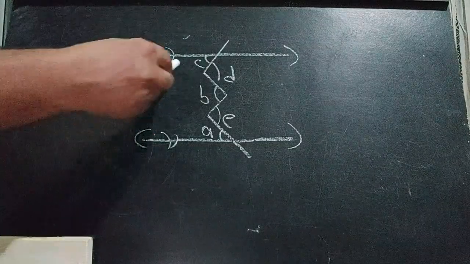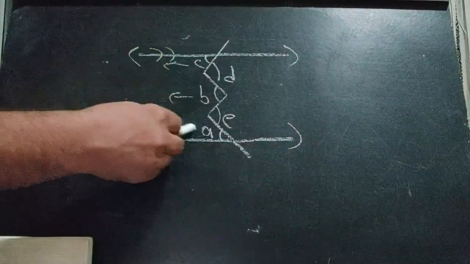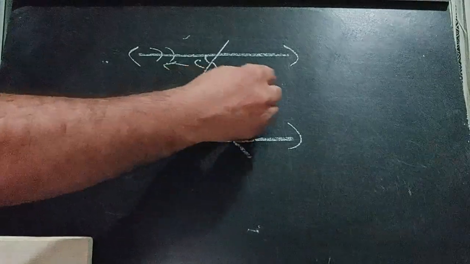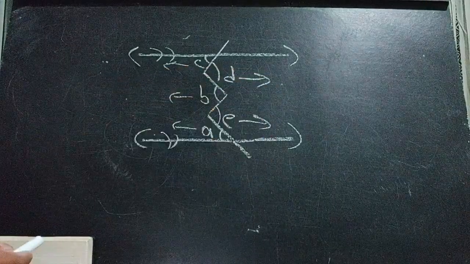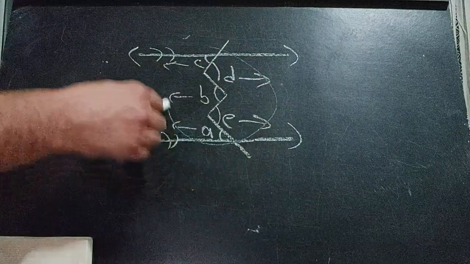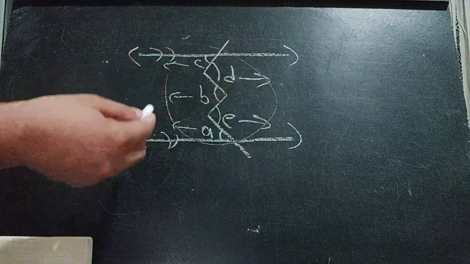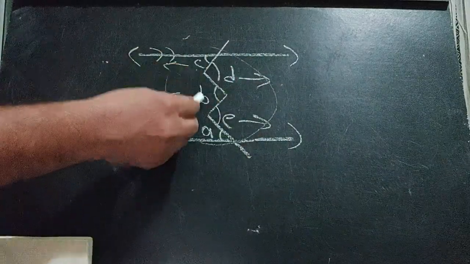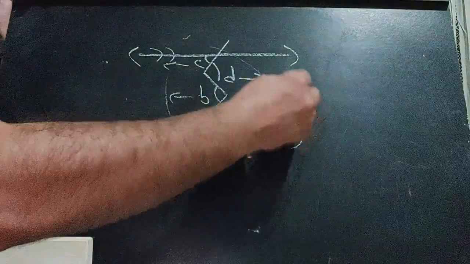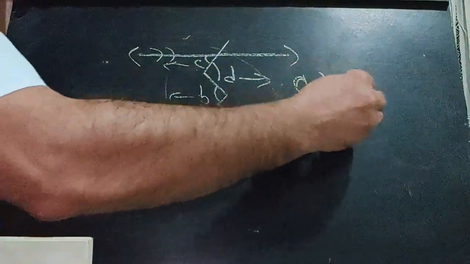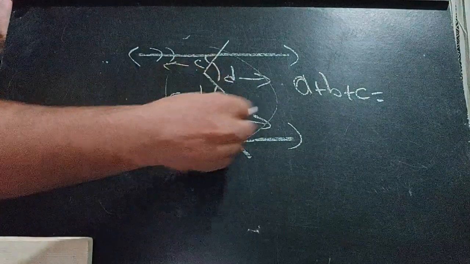The sum of angles of this direction and the sum of angles of this direction are the same. It should be in between those two straight lines. So A plus B plus C will be D plus E.